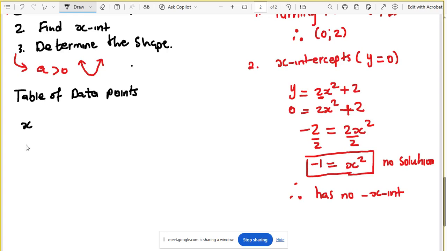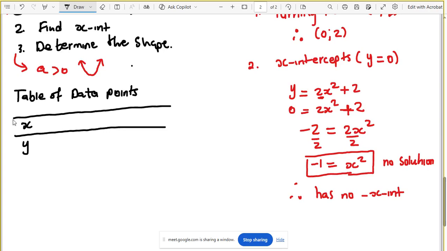You're going to have your x and the corresponding y value. I'm not going to use the calculator in this one, I'm just going to find this without it. You'll help me with the calculator.